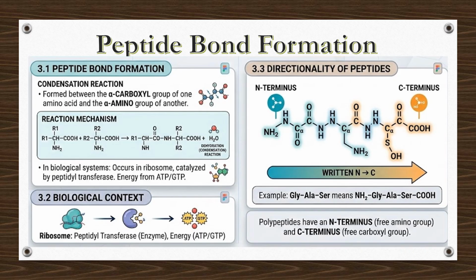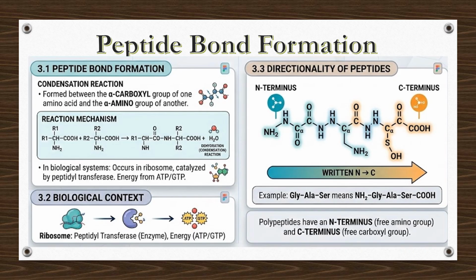What are peptides? A peptide is formed when two or more amino acids are covalently linked. Small chains are called dipeptides, tripeptides, or oligopeptides, while longer chains are called polypeptides.